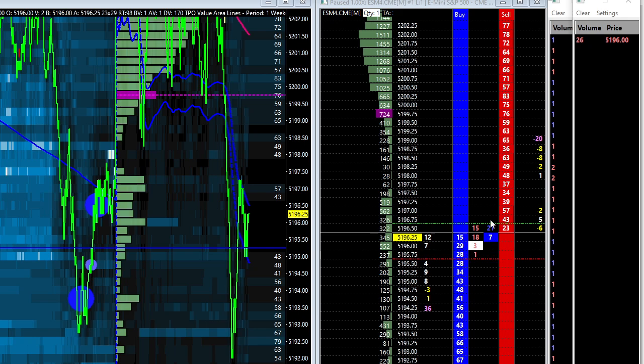And then in the middle columns, the blue is any trades that have been carried out on the offer, i.e. buying. And then the middle column here, which is red, is any trades that have been carried out at the bid for selling.